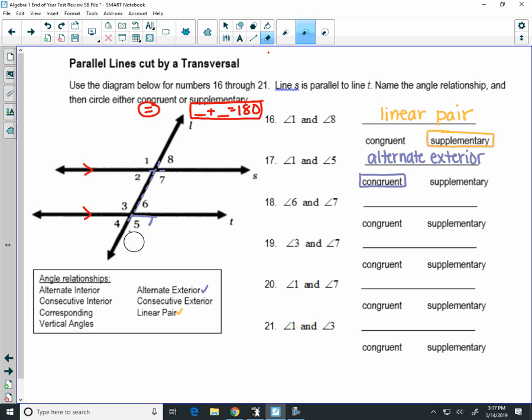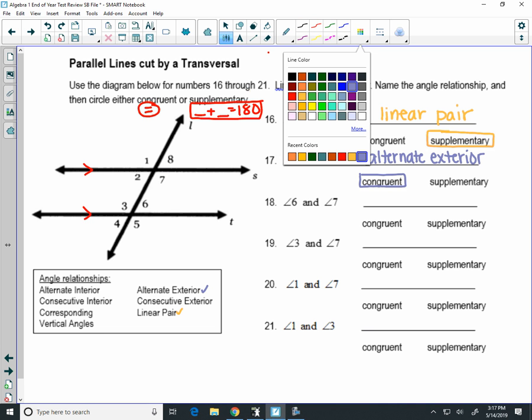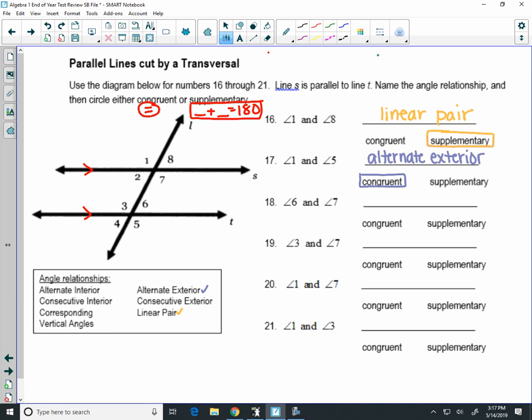All right, clean up my picture here in between. 6 and 7. 6 and 7 are right next to each other. They're inside our parallel lines. They're on the same side of the transversal. So inside means I'm going to use interior. Same side means I'm going to say consecutive.